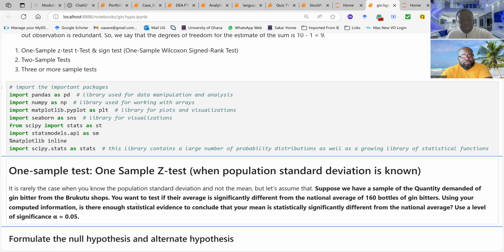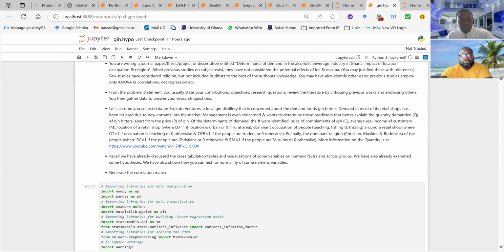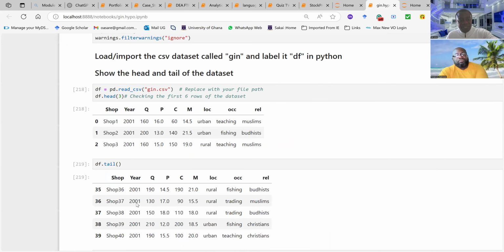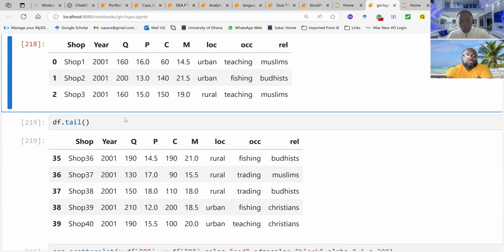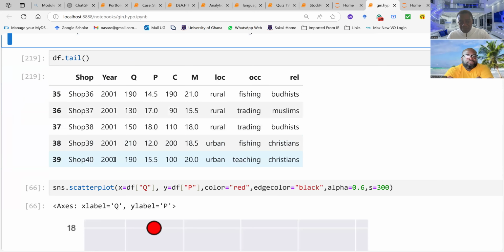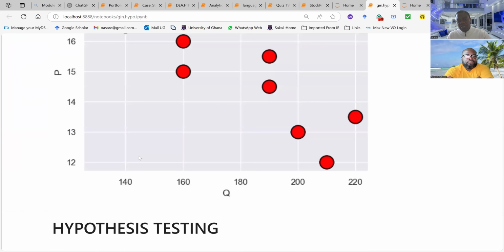Because I think I shared it somewhere. There you go. Okay. So you have it in your listing. So this was a data set that we had last time we met. And this column is what we are going to use. We are going to check the quantity demanded of Brukutu gene bitters here. These are all the quantity demanded from 1 all the way to 40. Okay. So that's the quantity demanded of Brukutu gene bitters.